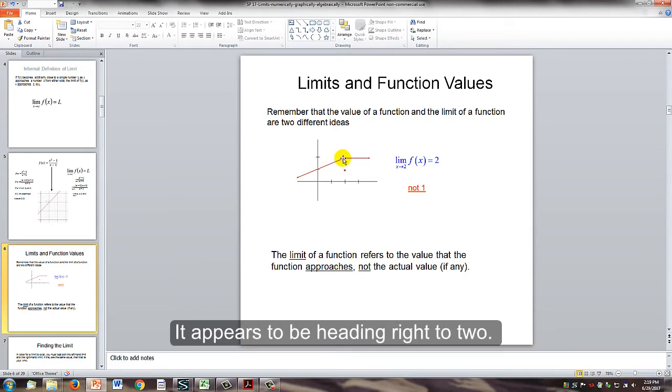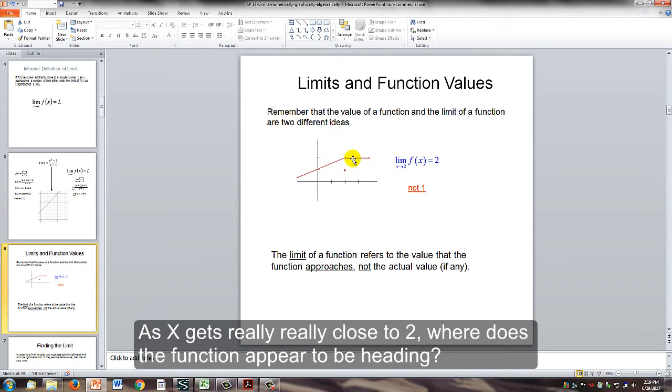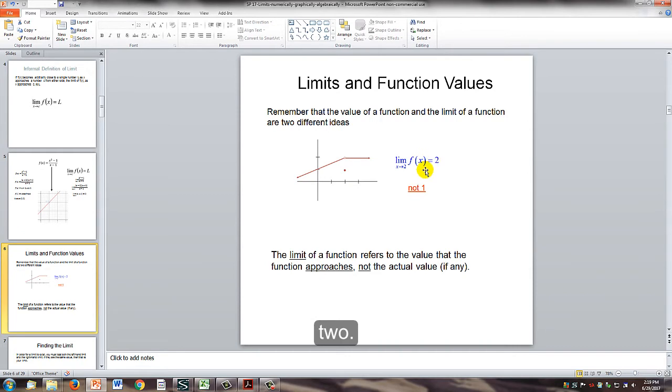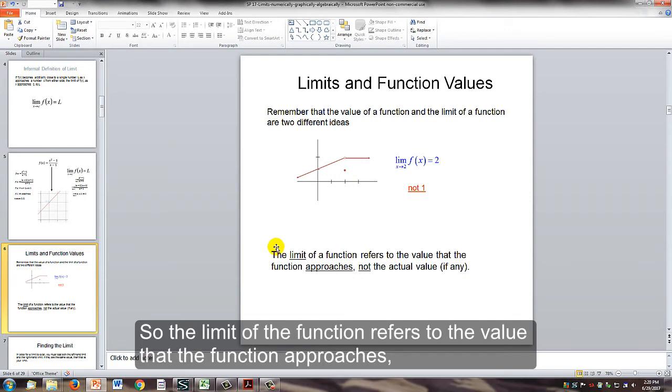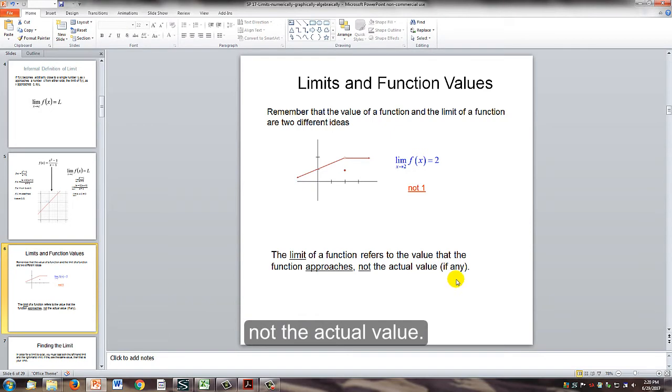Appears to be heading right to 2. And from the right, as x gets really close to 2, where does the function appear to be heading? Here, right, 2. So the limit of the function as x approaches 2 is 2, not 1. That's the value of the function when evaluated at 2. So the limit of the function refers to the value that the function approaches, not the actual value.